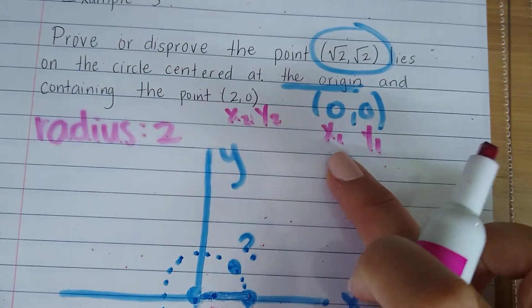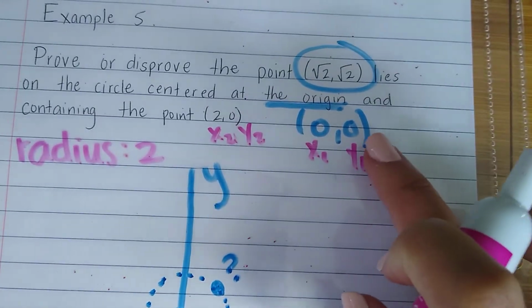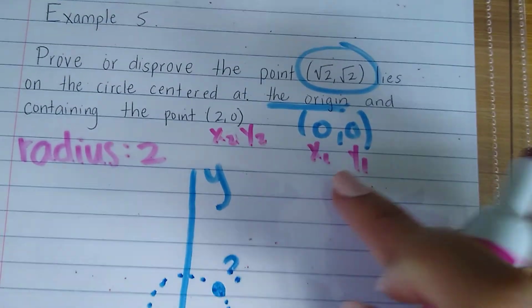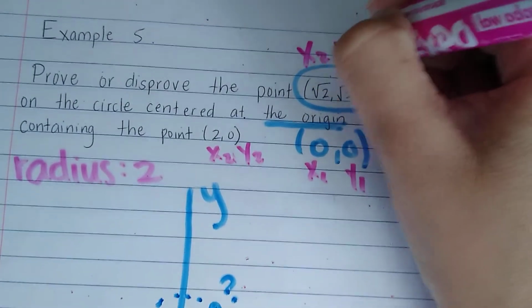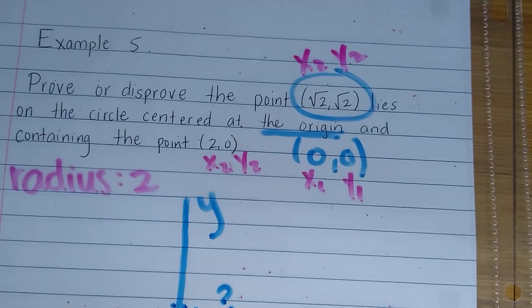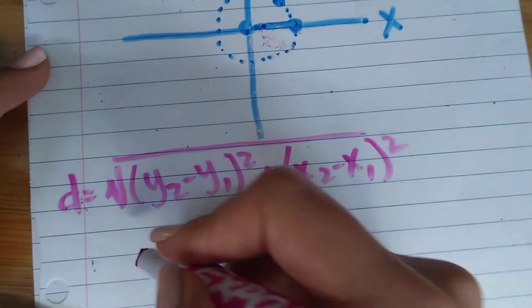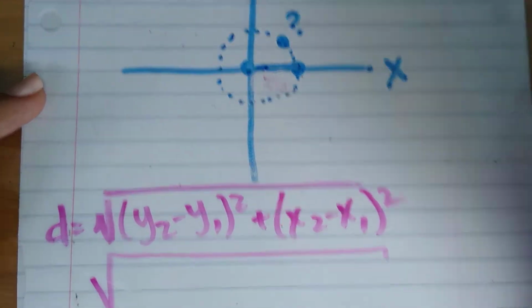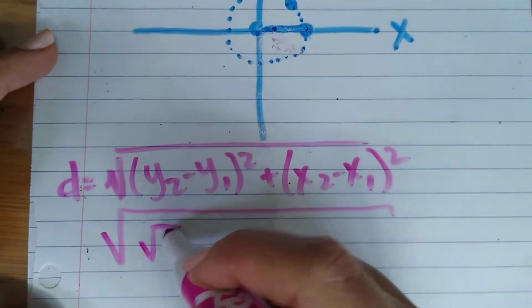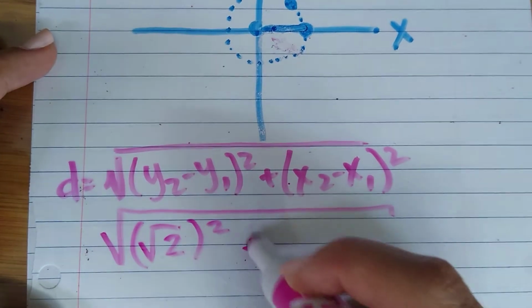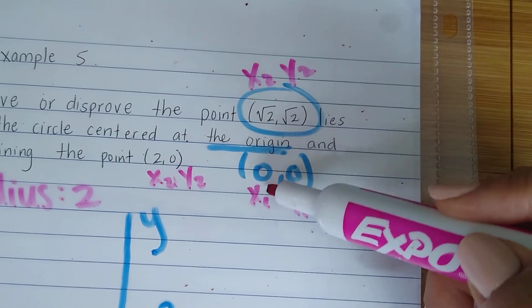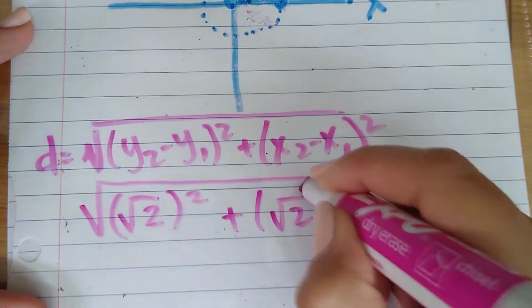Since my origin is already x1, y1, I'll just do x2, y2 and plug those values in. y2 minus y1 would be just square root of 2 squared, plus, I already did this in my head, square root of 2 minus 0 is just square root of 2. And in this case, it's the same thing: square root of 2 minus 0 is just square root of 2 squared.